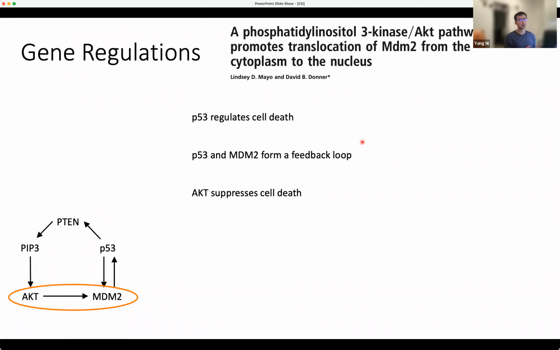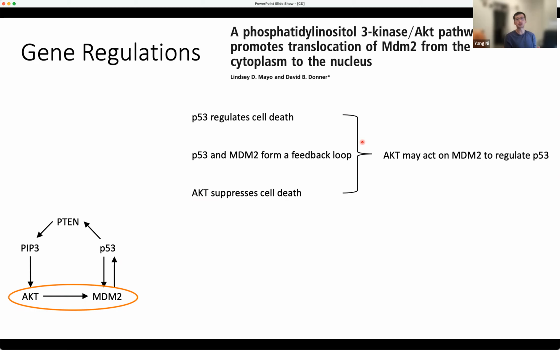Based on these three pieces of prior biological information, they came up with the hypothesis that AKT may act on MDM2, or in other words, AKT may be the cause of MDM2 in order to regulate p53. That's the hypothesis they came up with in that paper, and then they subsequently validated it.